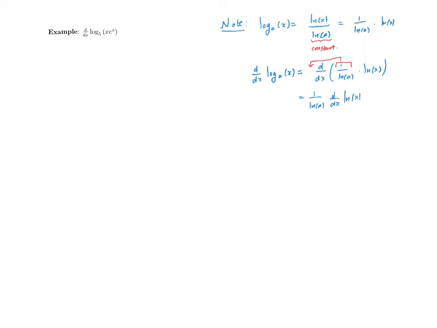And the derivative of the natural log of x is a formula that we are aware of. It's 1 over x. And this gives us a new differentiation formula to work with. The derivative of log base a of x is equal to 1 over the natural log of a times 1 over x.